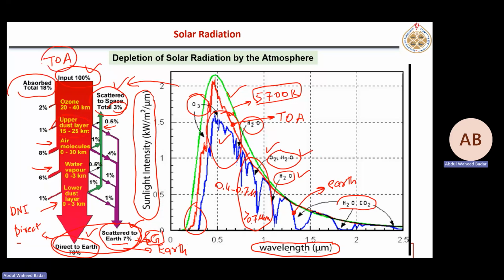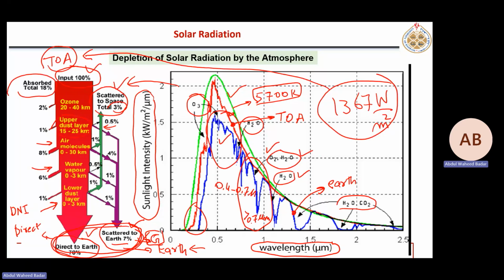And there is this term top of atmosphere, 1367 watts per meter square. Always remember this value. Finally, what is reaching here, we will see in this chapter how to calculate or estimate. That will be smaller than this 1367.